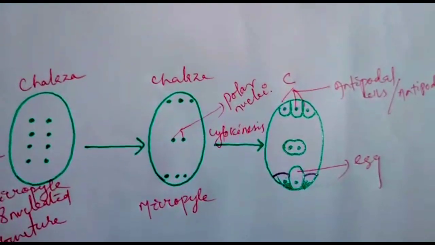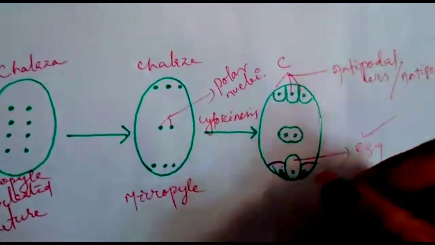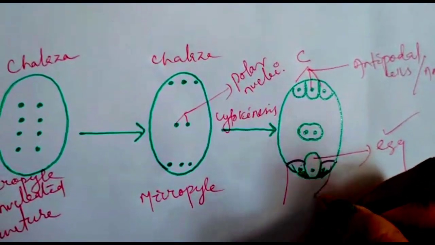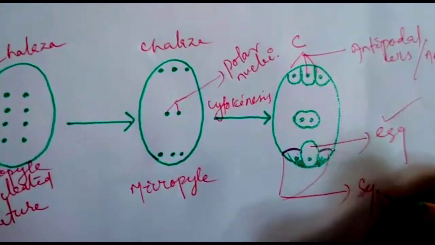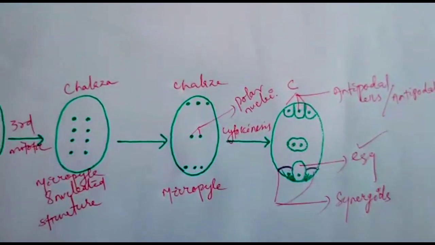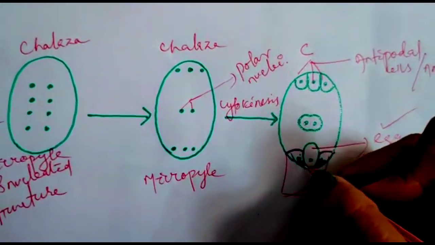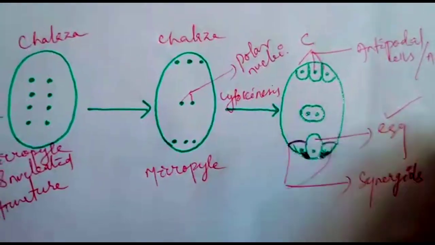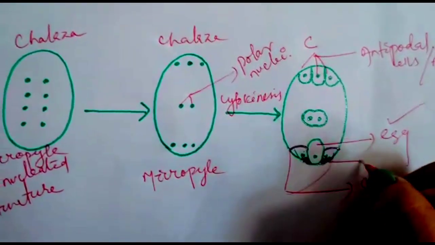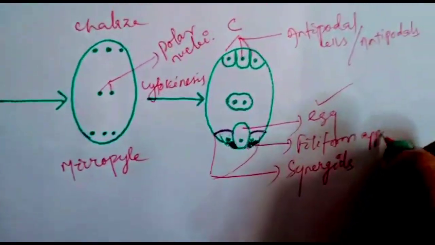And surrounding this egg cell, there are 2 cells which are called synergids. And these synergids contain a finger-like projection inside them, and this finger-like projection is known as the filiform apparatus.